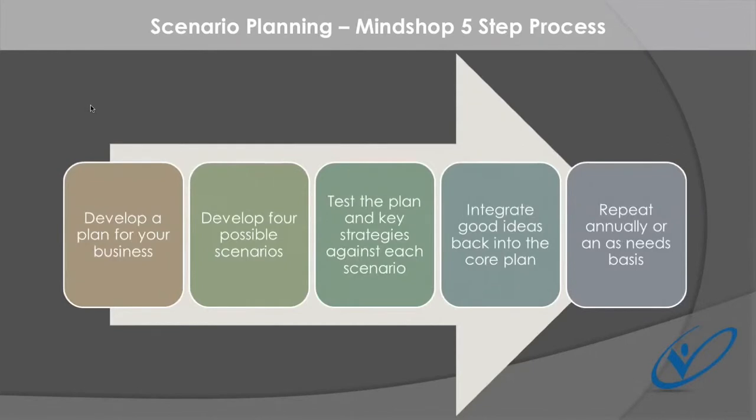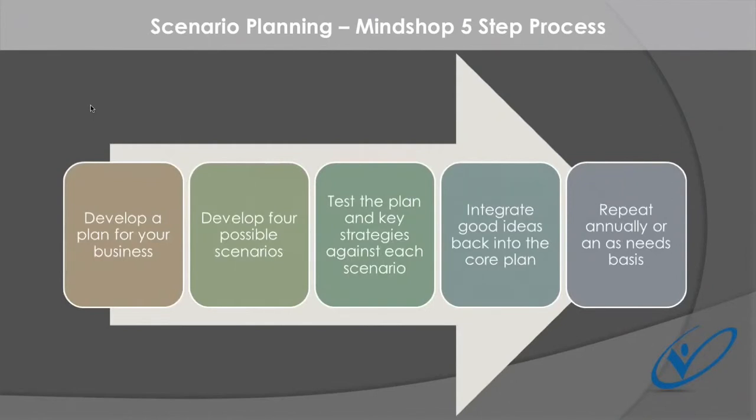Particularly if we talked about the final steps there, to repeat. One of the things you might do is pick another two factors, map the scenarios that arise out of those, and do the process again. So you may actually repeat this little exercise 3 or 4 times. You'll end up with 12 scenarios. You may only have 4 or 5 factors that you mix and match to come up with those scenarios.